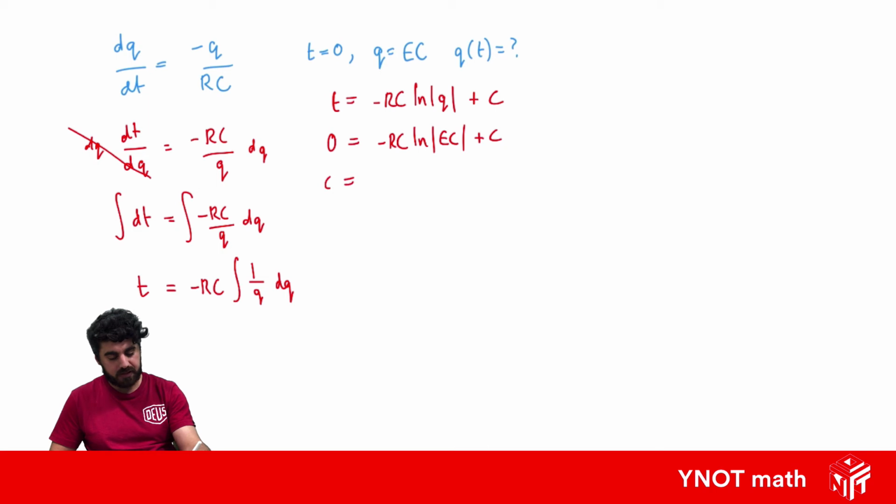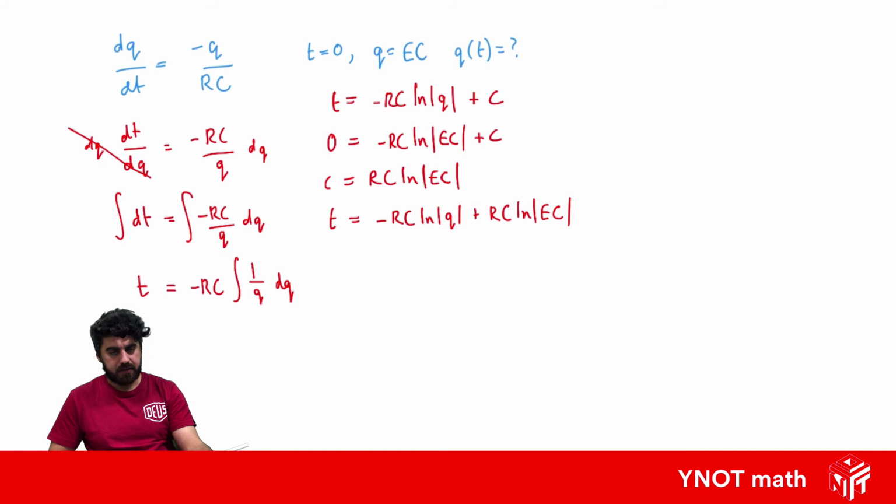So we just get C equals RC times the ln of the absolute value of EC as our constant. So let's go and sub that back in. So we get t equals minus RC times ln of the absolute value of q plus RC times ln absolute value of EC.